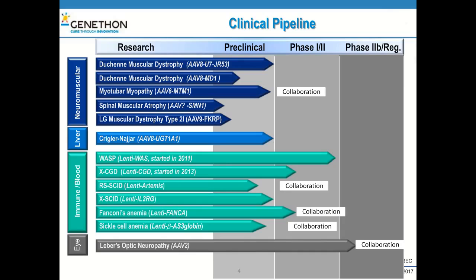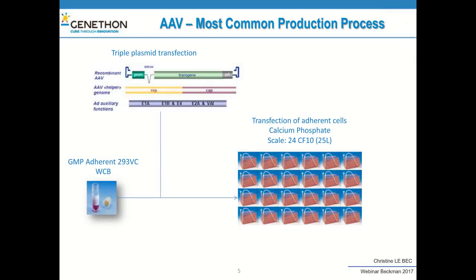I will present the different processes we have developed and used at Genethon. First is the most common production process for small lots, which is to transfect an adherent human cell line with three different plasmids: one coding for the transgene, another for the rep and cap, and the third for the adenovirus auxiliary function.